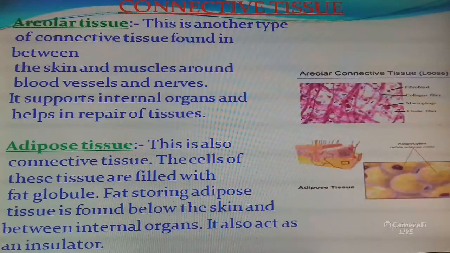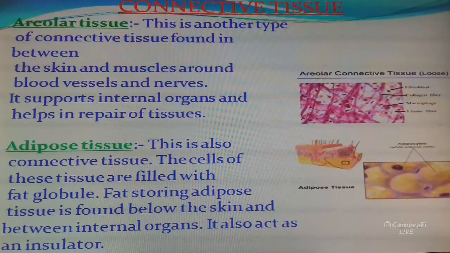What is lymph? It is a white vascular connective tissue which is present in the lymph vessels and also forms the tissue fluid around the body tissue.